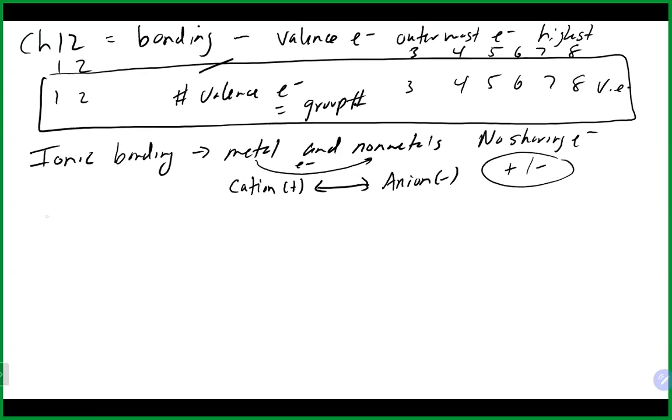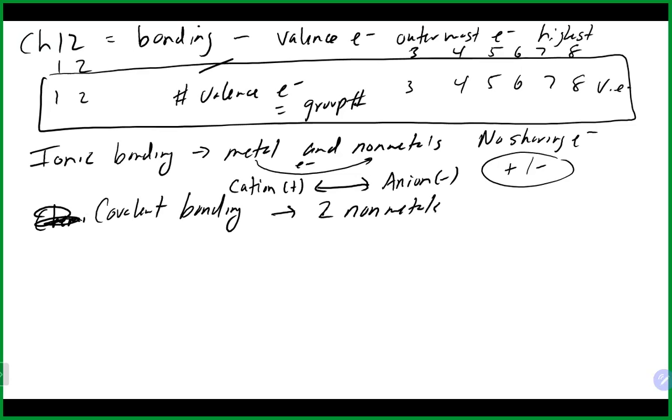That is different than what we see when we get covalent bonding. Covalent bonding is between basically 2 nonmetals. Because nonmetals are pretty much in the same part of the periodic table, they have very similar periodic trends, which means they are going to share electrons.